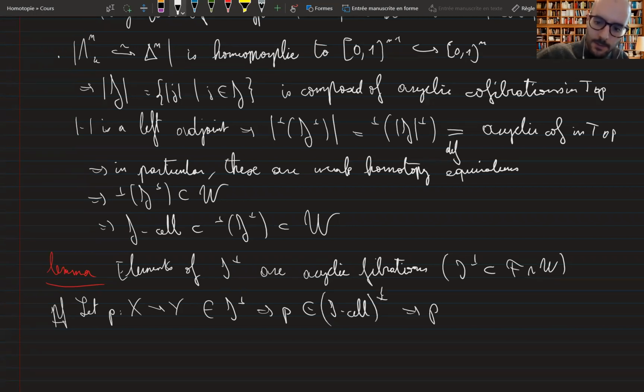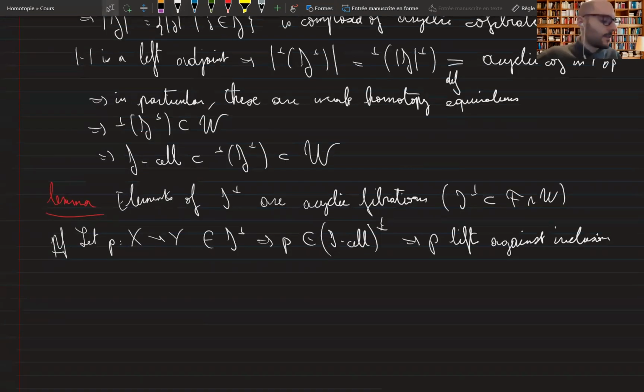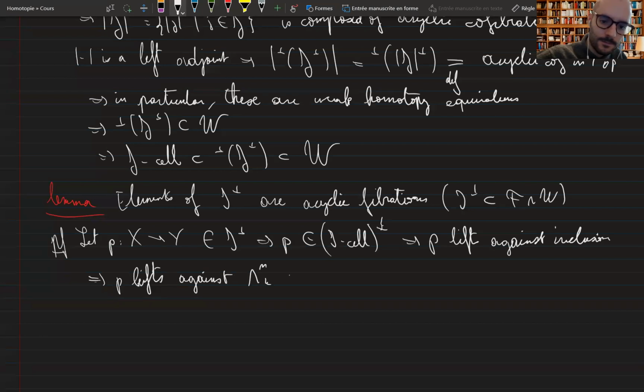So in particular, P lifts against inclusions. All right. So whenever you have an inclusion, you can lift the map from P. And so in particular, P lifts against this inclusion.